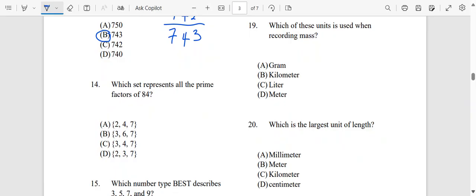A prime factor is a number that is divisible by itself and 1. A number that is divisible by itself and, of course, 1.